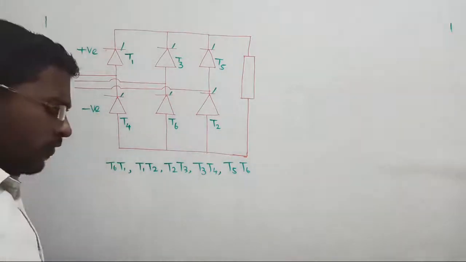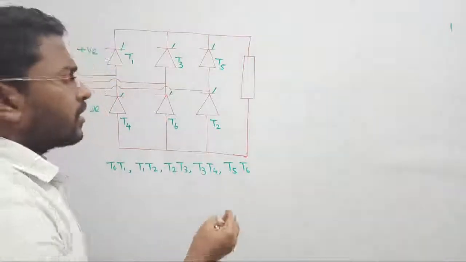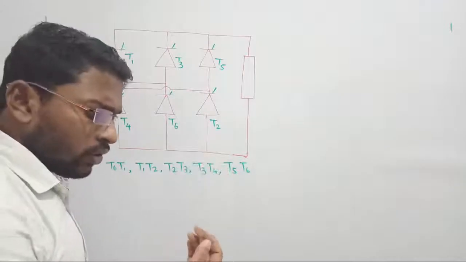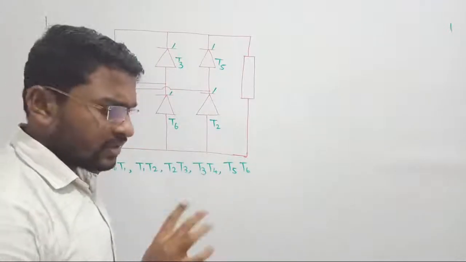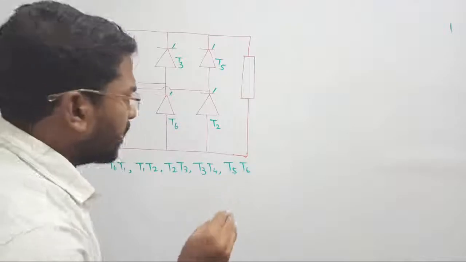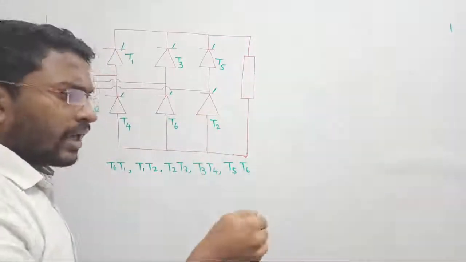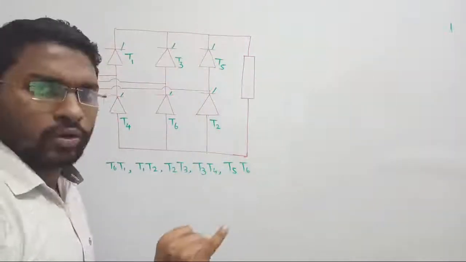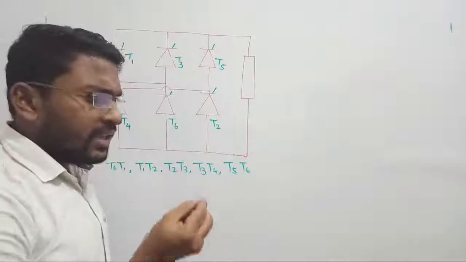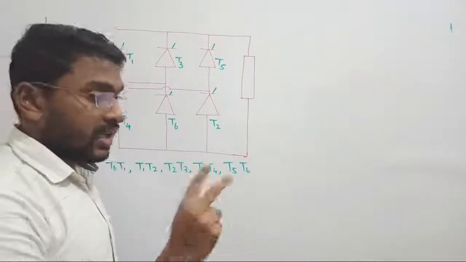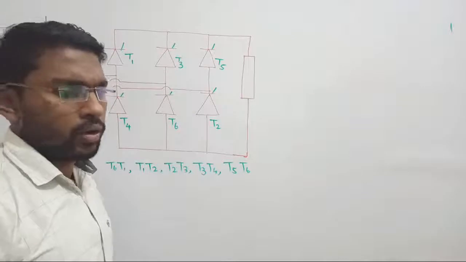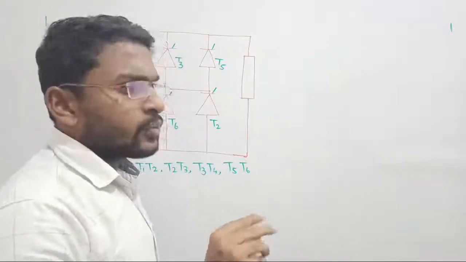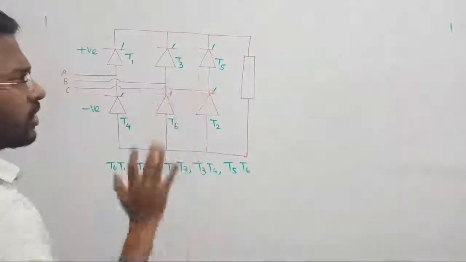Now we all know that to turn on the SCR we have to satisfy 2 conditions. Condition number 1 is that the voltage across the anode should become greater than the voltage across the cathode, and the second is that the gate pulse must not be equal to 0. If you satisfy these 2 conditions, the SCR will turn on immediately.